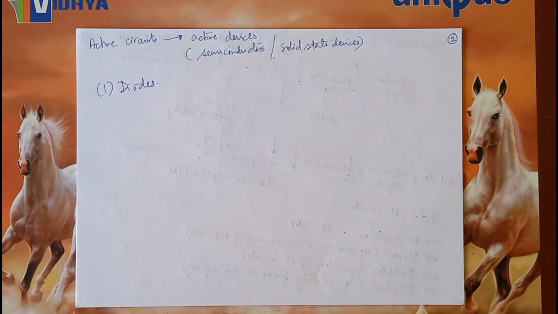So diodes, as you know, are essentially PN junctions, and in your basic circuits course you would probably remember that diodes are used for a number of applications such as rectification, clipping, clamping, and even switching.